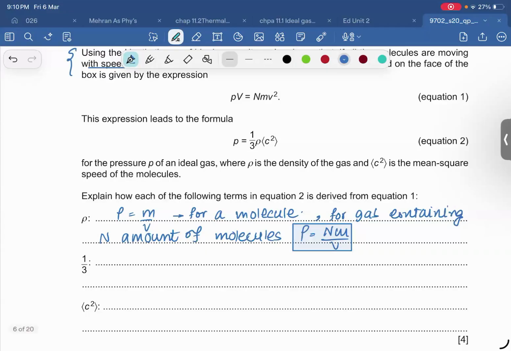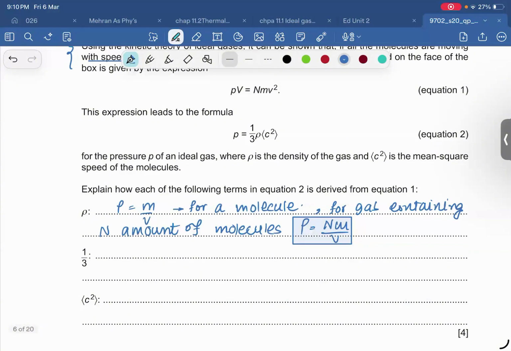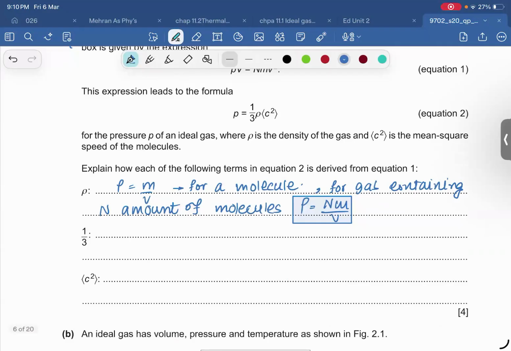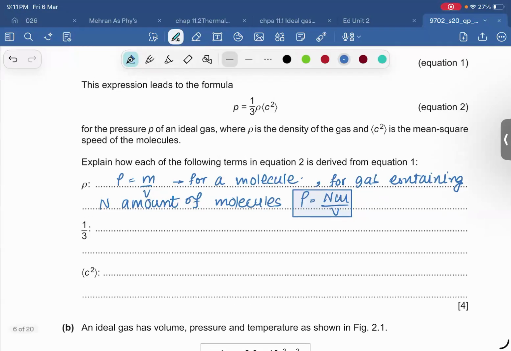So we have 1 over 3. We know that we have three dimensions, and we are assuming that the particles are moving in all three dimensions with equal probability. To find the mean square value, we have to divide by 3.